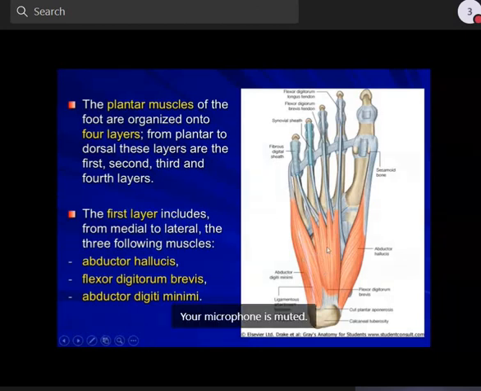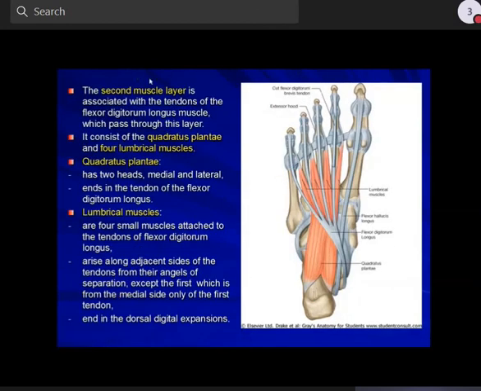The superficial layer 1 includes only 3 muscles: abductor hallucis, flexor digitorum brevis, and abductor digiti minimi. 3 muscles referring to the same layer: flexor digitorum brevis in the middle, flanked by abductor hallucis and abductor digiti minimi.